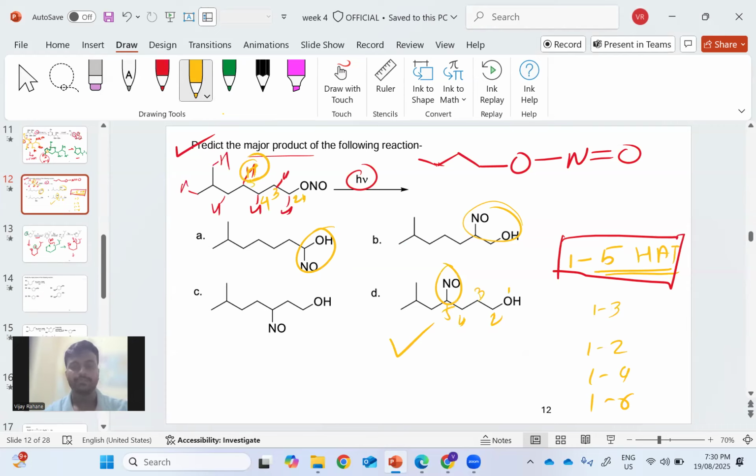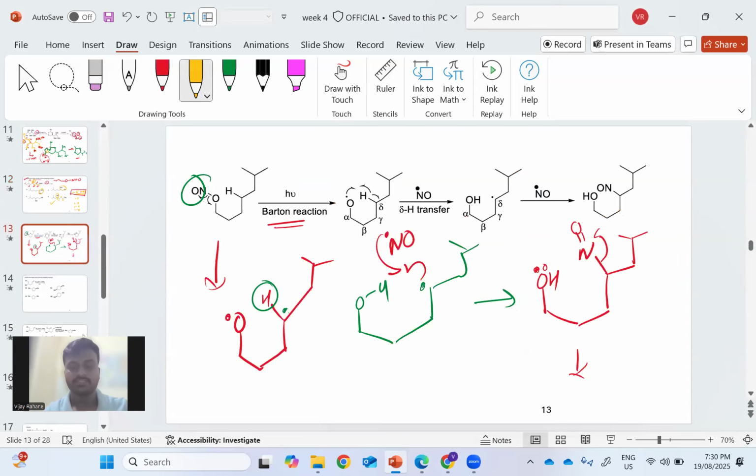That's because, if you look at the intermediate step, it is a 6-member transition state. You can see how close they can come. But if you take the hydrogen from here or from here, however you draw it, it will not be close enough to form a bond. So that's why this 1,5 hydrogen atom transfer is the most favored.